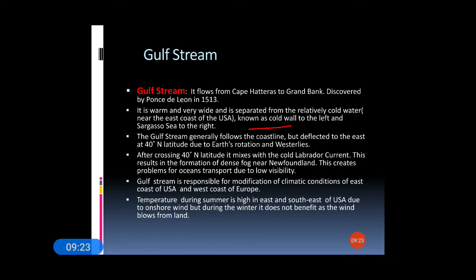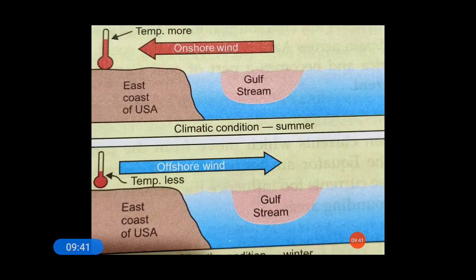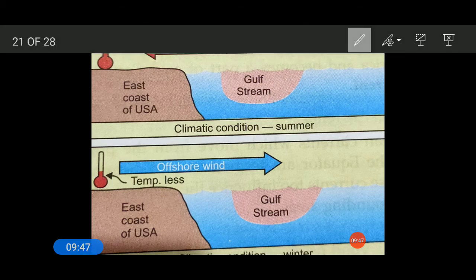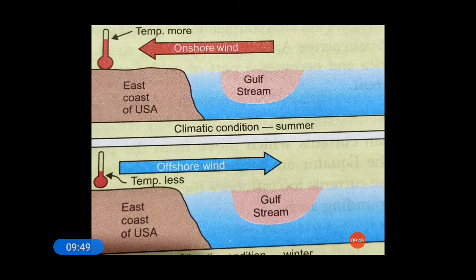Now temperature during summer is high in the east and southeast of USA due to onshore wind, but during the winter it does not benefit as the wind blows from the land. Now look at this diagram now. Now look here, during the summer season what happens is the wind, onshore wind, that is wind blowing from the sea towards the land.